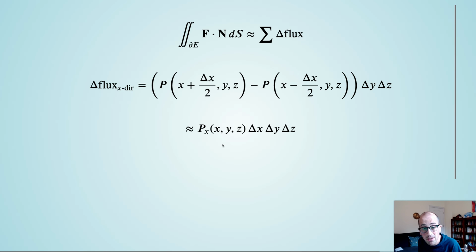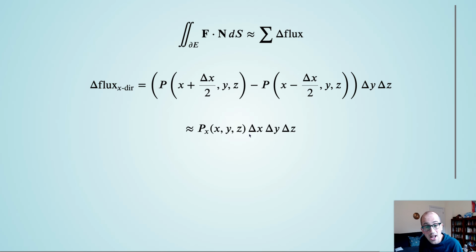I multiply by the rate of change in that direction, and I keep delta y delta z. So the flux in the x direction is approximately the x derivative of P times the volume of the box. And already we've related flow through the side to volume.